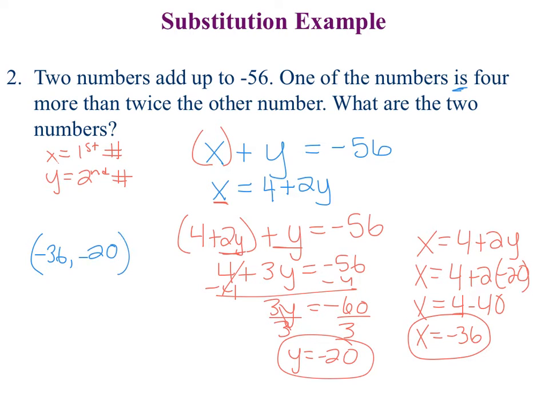You can also refer to negative 36 as your first number and negative 20 as your second number. And if you do your checks and you add those, they're going to give you negative 56. And then if you check the negative 36, it is that y value doubled, which would be negative 40, and then 4 more than negative 40 is negative 36. So we know that the check does work out, and our final answer is good to go.